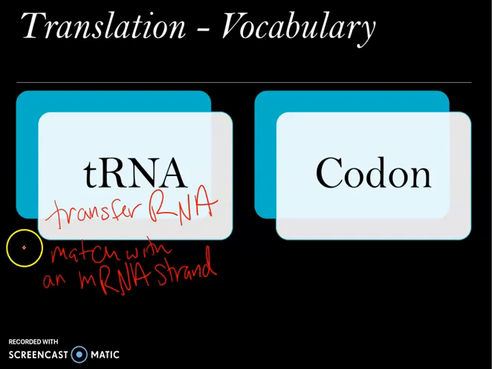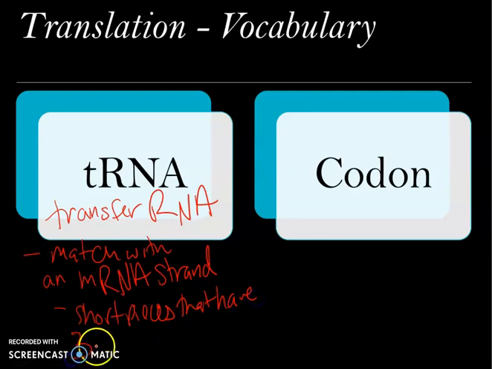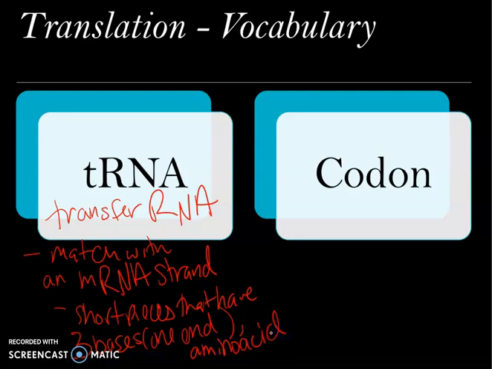And what the tRNAs are, they are short pieces that have 3 bases attached on one end, and then they have an amino acid on the other end.